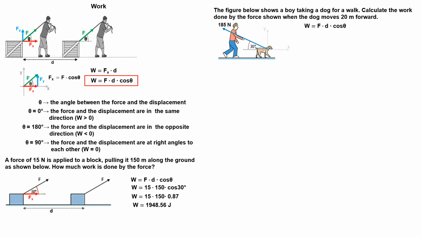The angle between the applied force and the motion is 150 degrees. The cosine of 150 degrees is negative. We substitute the values and calculate the work done. The horizontal component of the force is opposite to displacement. Therefore, the answer must be negative.